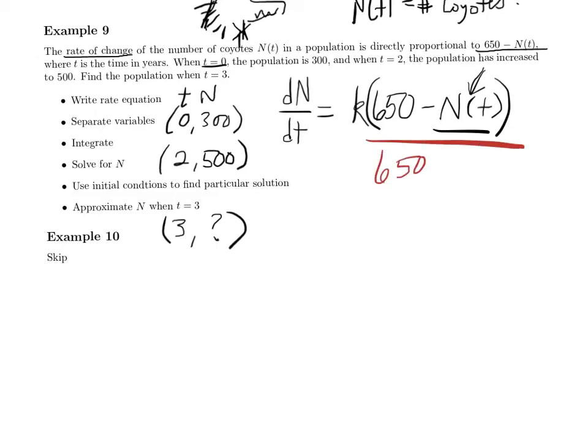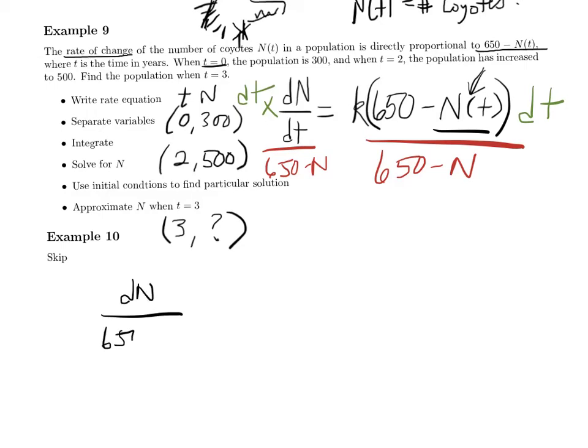Divide both sides by 650 minus n and multiply by dt, to get the dt on the other side. That's going to give us dn over 650 minus n, and on the other side we'll be left with k dt. All right, now we can integrate both sides.